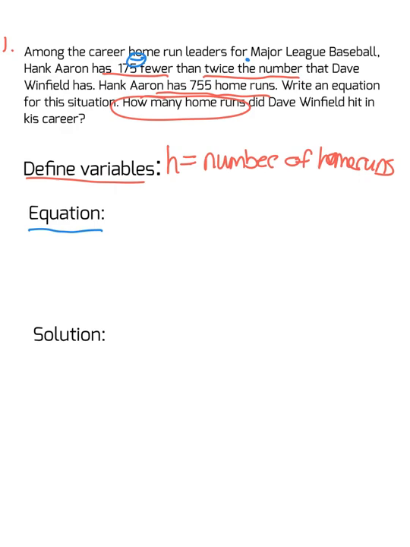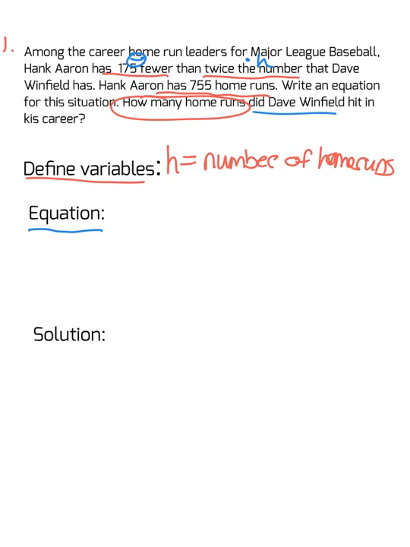We said that our variable was H. When we see twice the number that Dave Winfield has, H stands for the number of home runs that Dave Winfield has. And when you see 175 fewer, that's another one of those turnaround words.